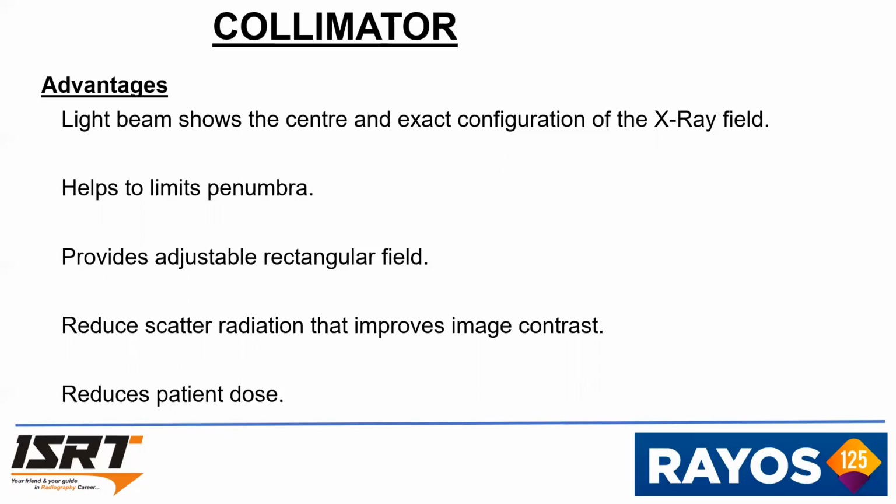Basically, the light beam shows the center and exact configuration of the X-ray field. It's showing the exact center of the X-ray field, and it definitely helps to reduce the penumbra.